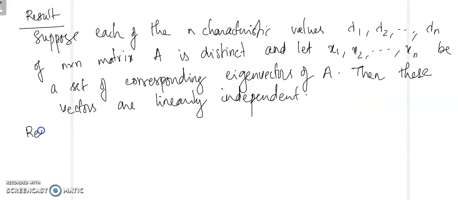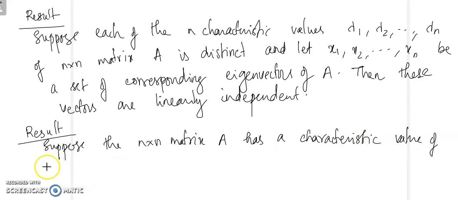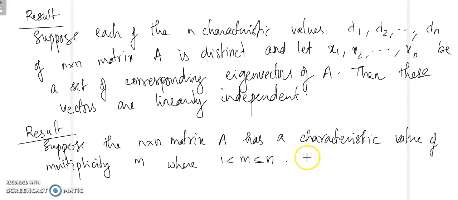linearly independent. Now the next result is, suppose the n by n matrix A has a characteristic value of multiplicity m, where you have 1 less than m less than or equal to n.